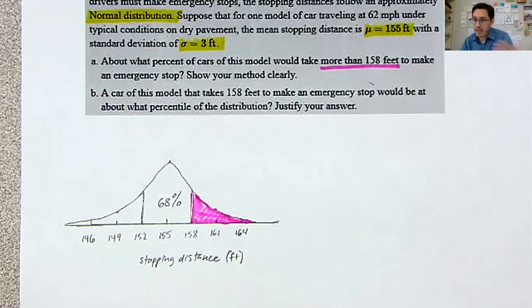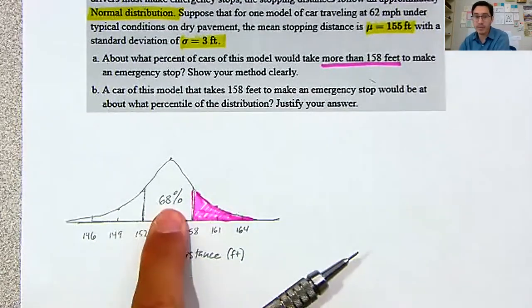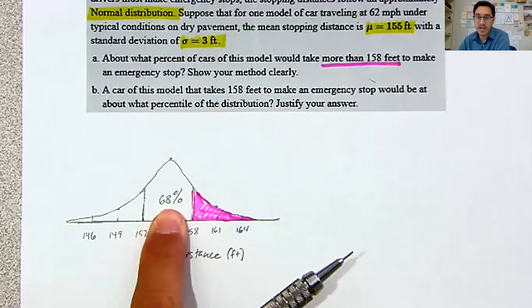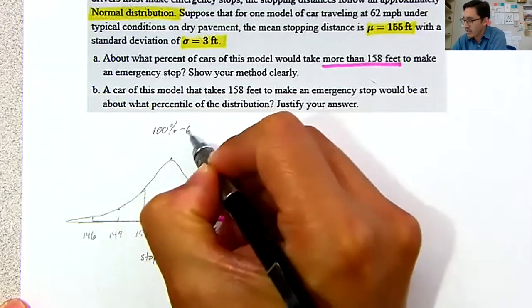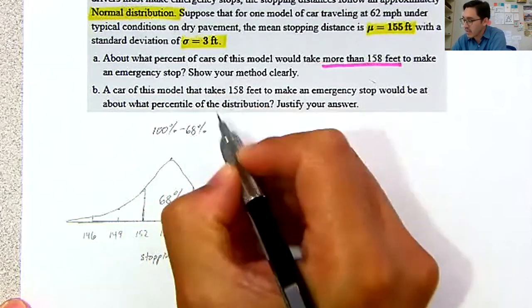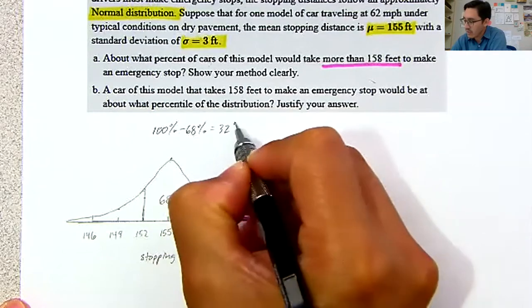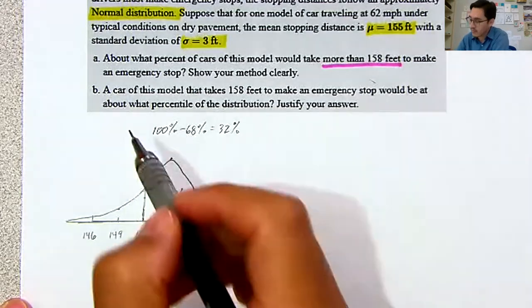And I know all the cars would be 100%. So now that I've labeled the center region as 68, how much percentage do I have left over? 100% minus 68%, which leaves me with 32%.